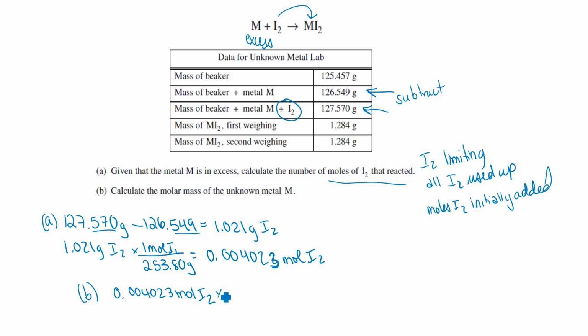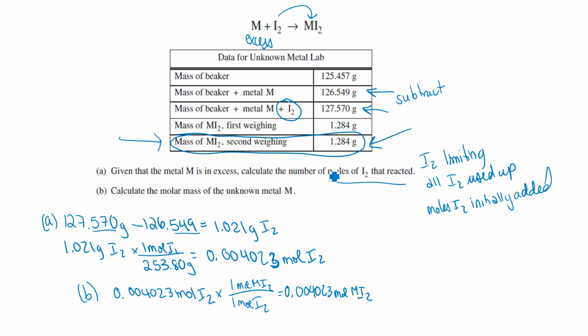So I know that this is how much iodine reacted. And I know that the mole ratio is 1 to 1. So for every 1 mole of iodine, I make 1 mole of MI2. So what that means is I made 0.004023 moles of MI2. Cool. And then I know the mass of MI2 right there.